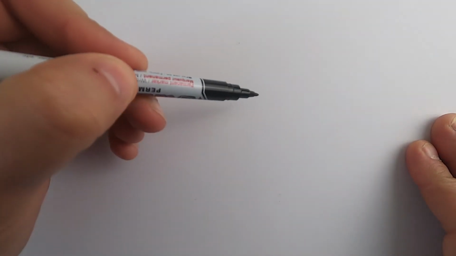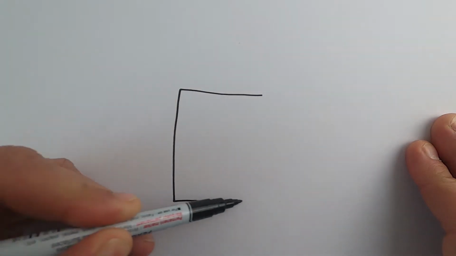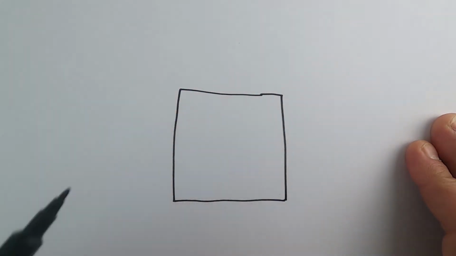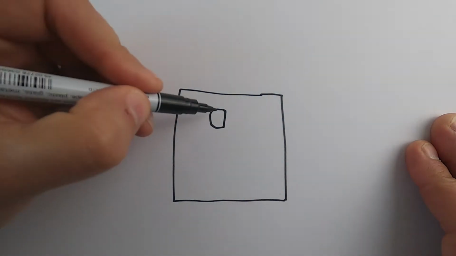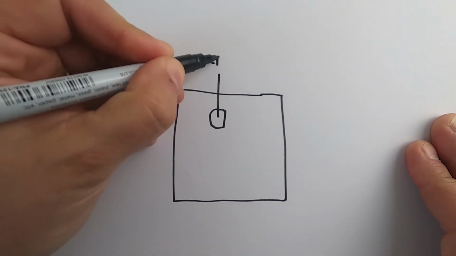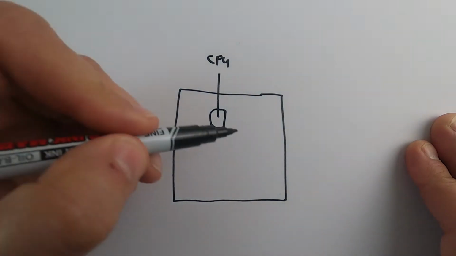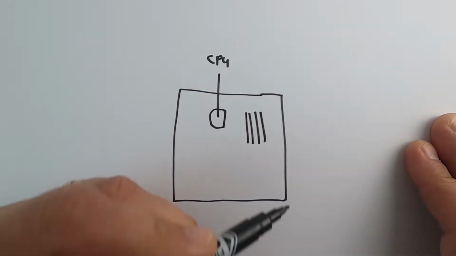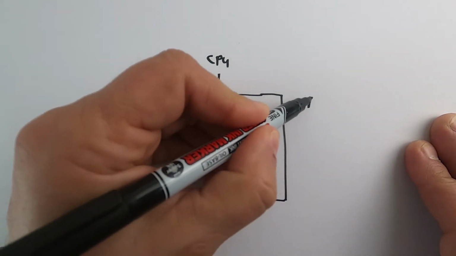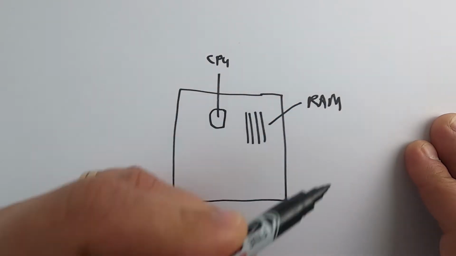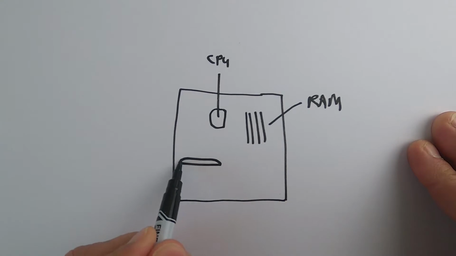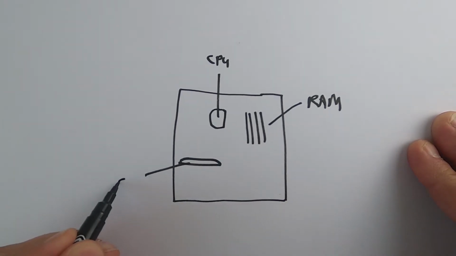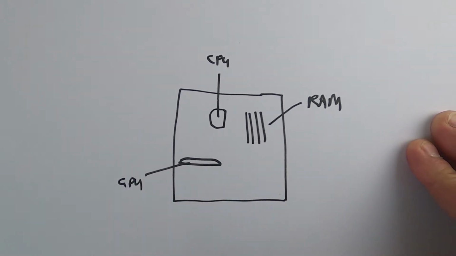So essentially you start off with a motherboard. Now the motherboard will have a place to put your processor, so CPU. It will have a place to put some RAM. It will have a place to put the graphics card or GPU.